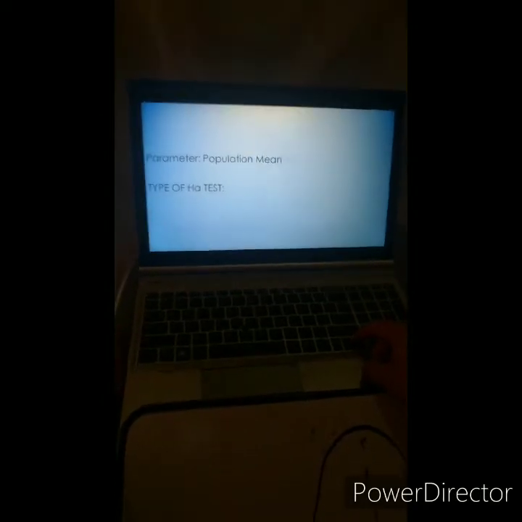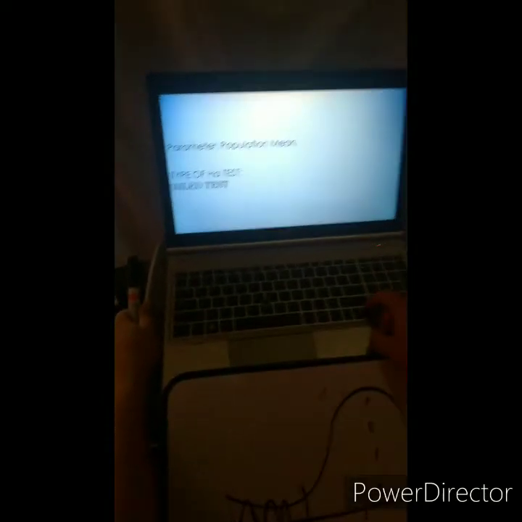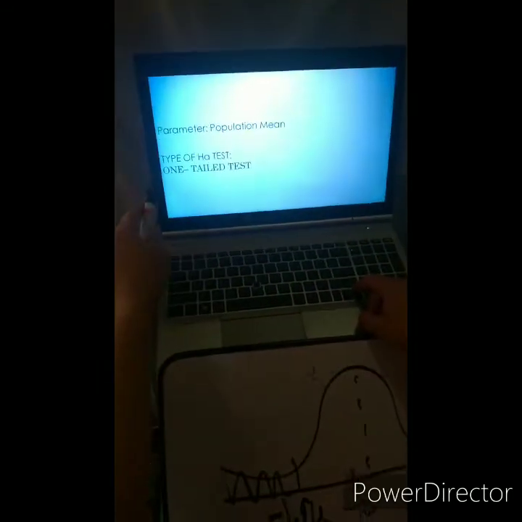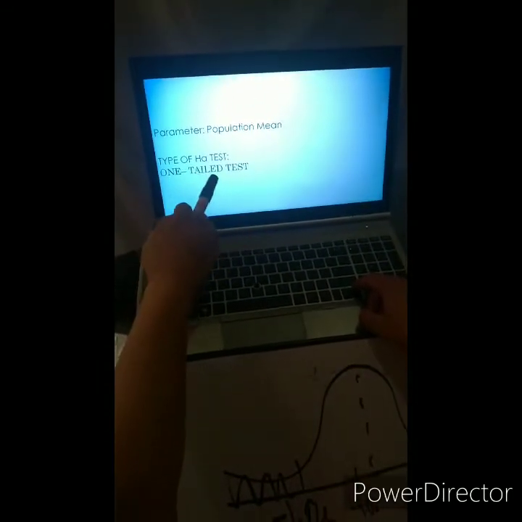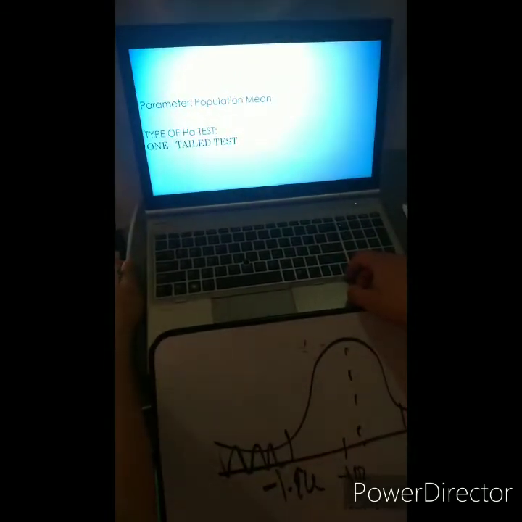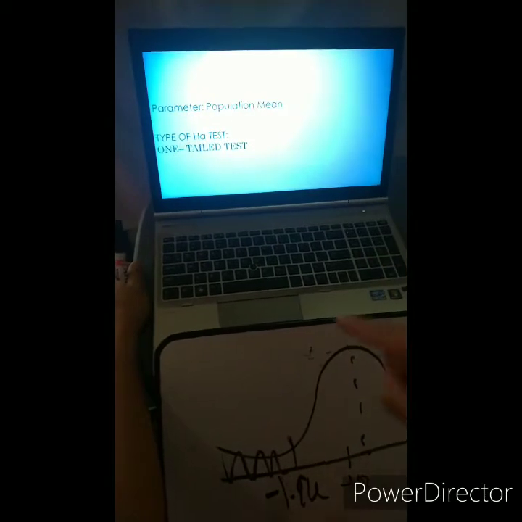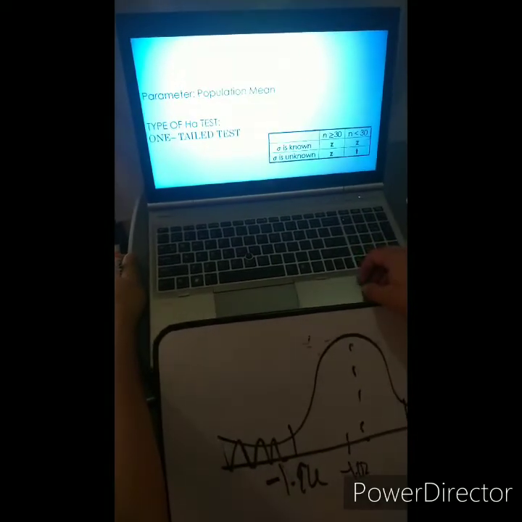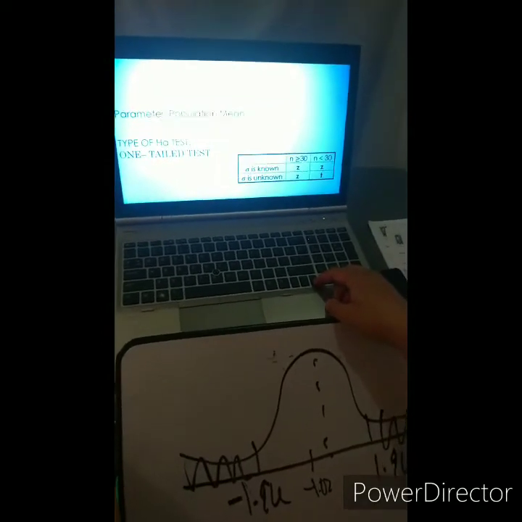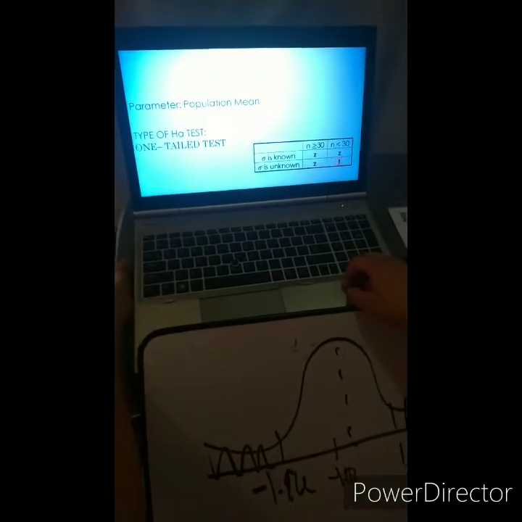Let's check our given. The population mean is given, and of course the test is a one-tailed test, because our alternative hypothesis is greater. Going back to this table, what are we going to use? Is n greater than 30?